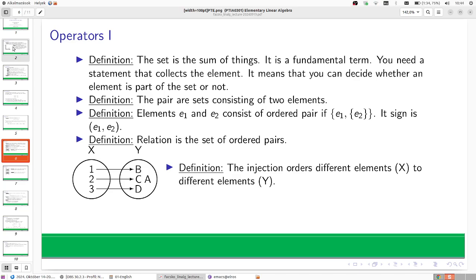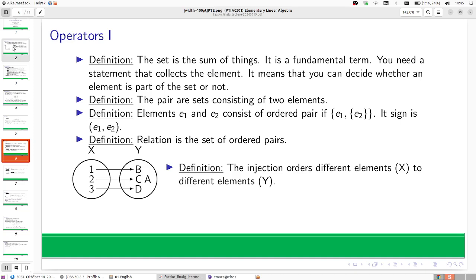For example, here, 1B, 2C, 3D, these are pairs, and this is a relation. Some of them are injective.